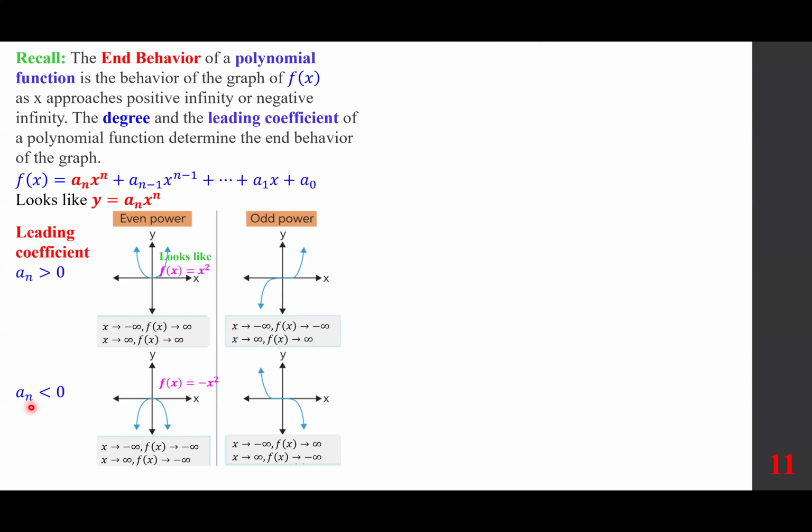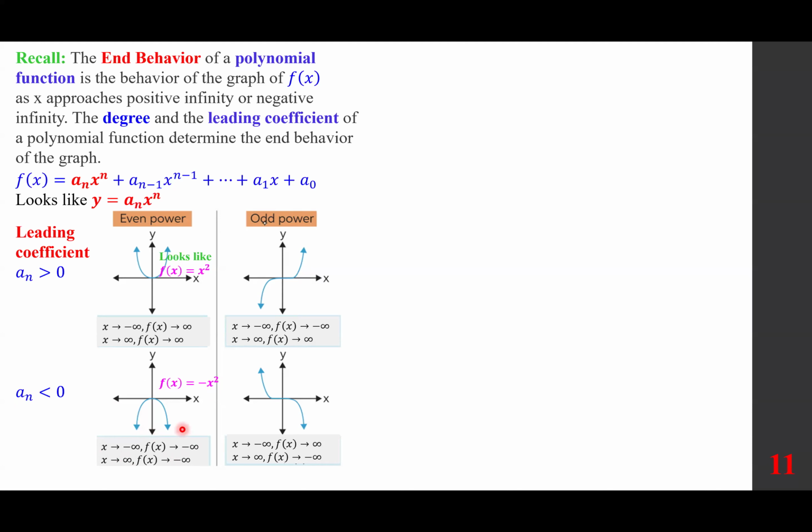If, however, a sub n, the leading coefficient, is negative, it looks like f of x equals minus x squared. That means whether x goes to negative or positive infinity, f of x goes to negative infinity. That means the end behavior gives us the third and fourth quadrants.